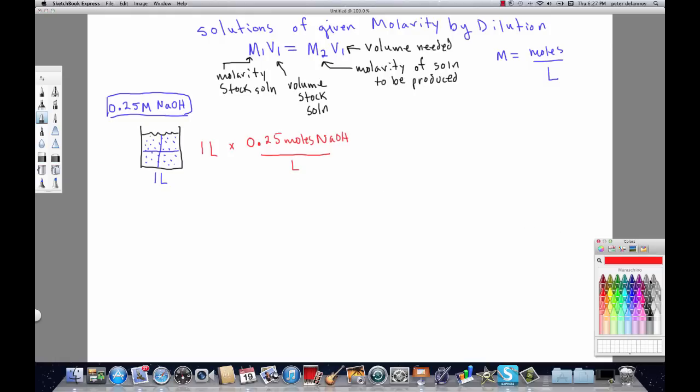In this case you can see that the liter cancels, and we would need 0.25 moles of NaOH. And in order to make the solution, we would need to know the mass of this.